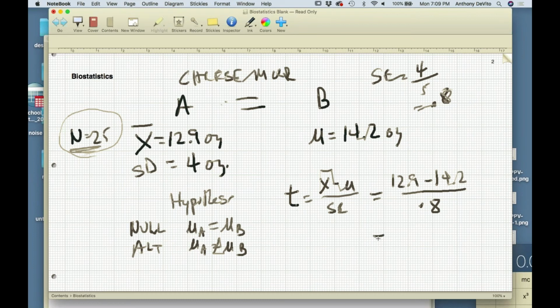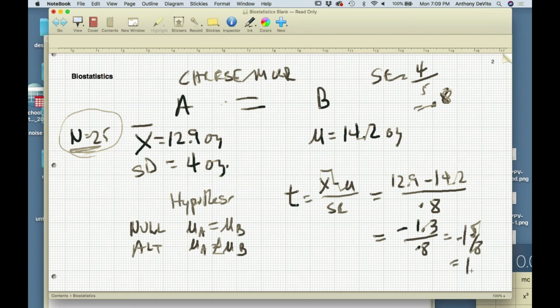So my t value is equal to 14.2 minus 12.9, that's 1.3, divided by 0.8. So 1.3 over 0.8 is 1 and 5/8.